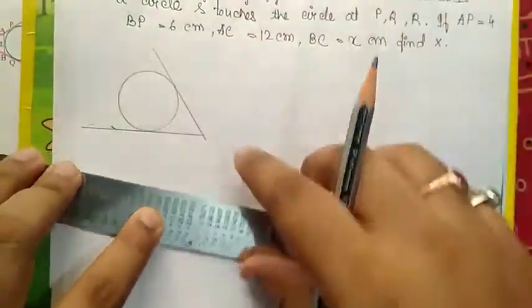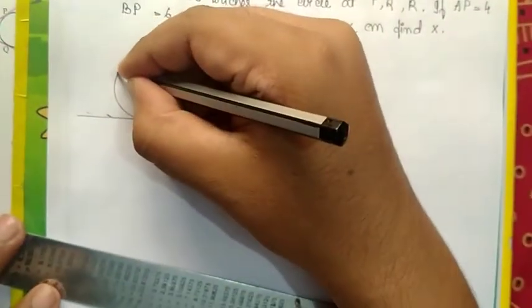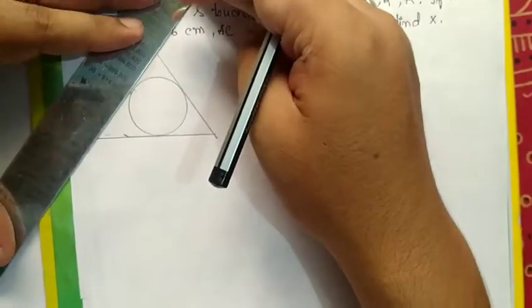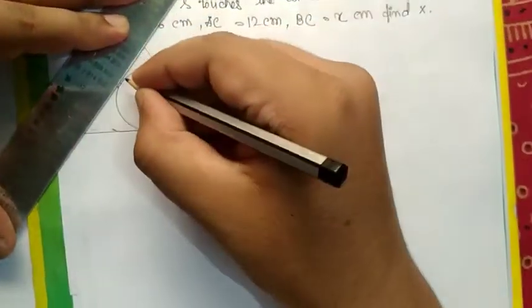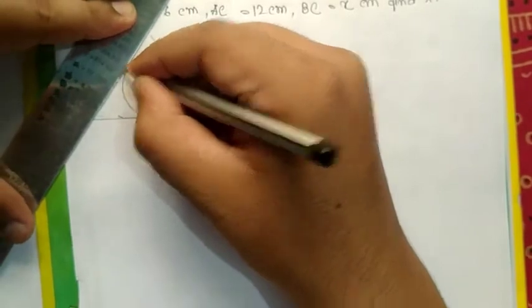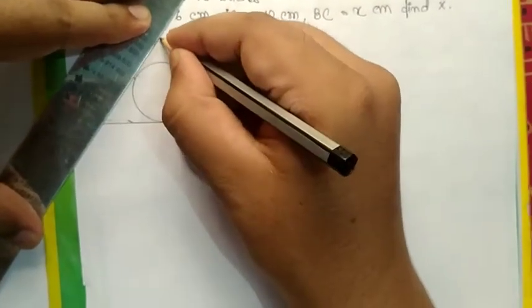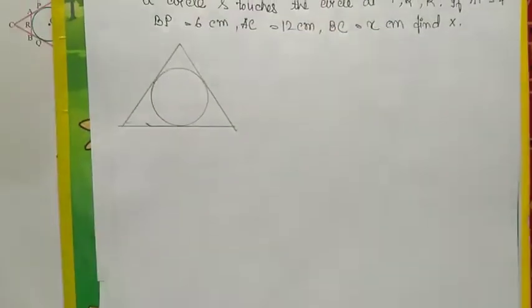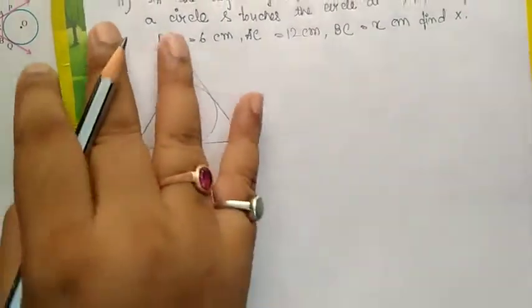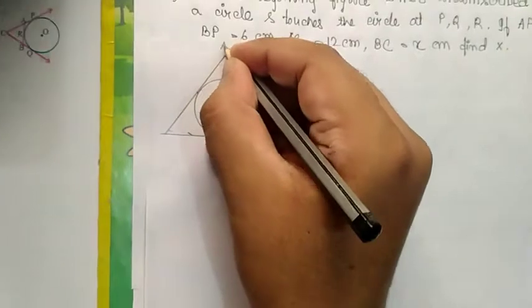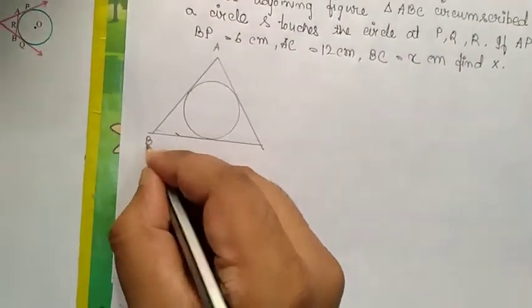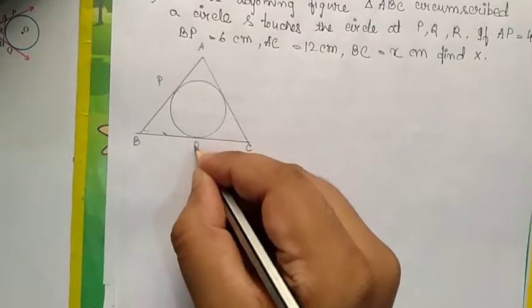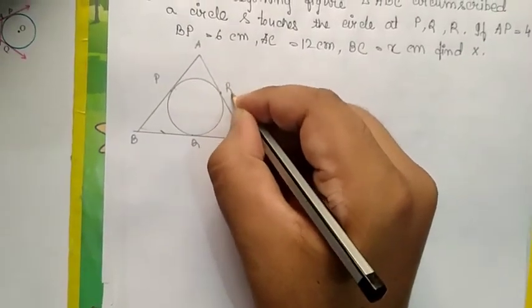This is tangent number 2. And this is tangent number 3. So this is the diagram where this is A, B, C, this is P, this is Q, and this is R.